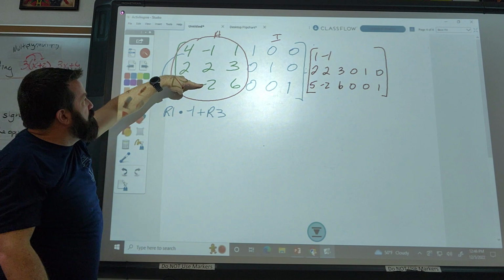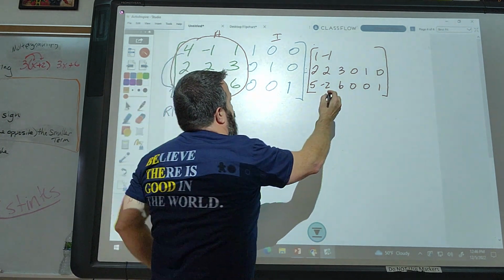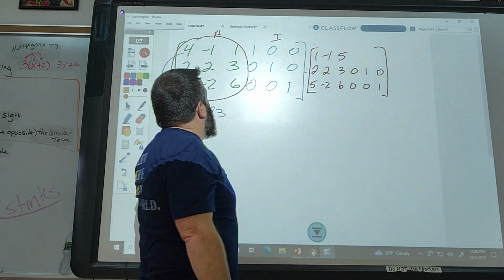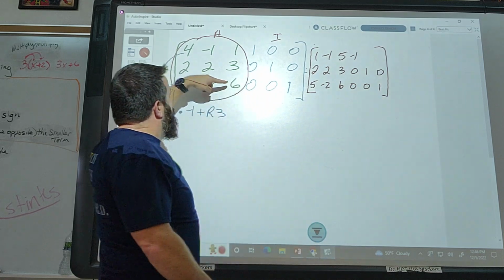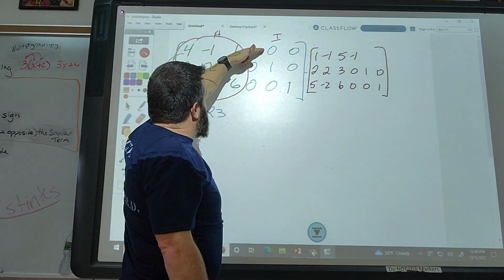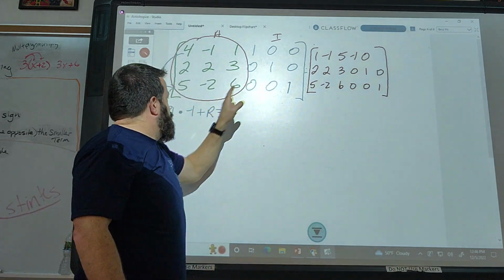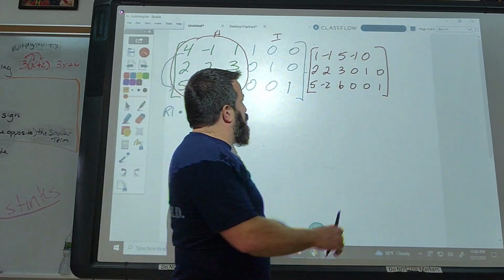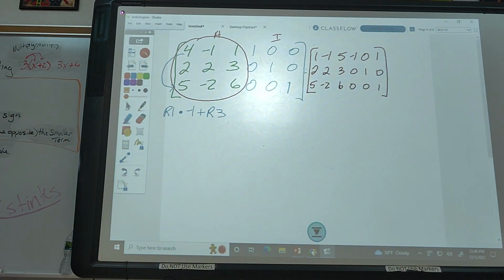I hope. 1 times -1 is -1, plus 6 would be a 5. 1 times -1 plus 0 would be a -1. 0 times -1 plus 0 is still a 0. 0 times -1 plus 1 would be a 1. So, unless somebody objects, I think I did that correctly. Hopefully somebody is just double checking my math as I go to see if you see any mistakes.